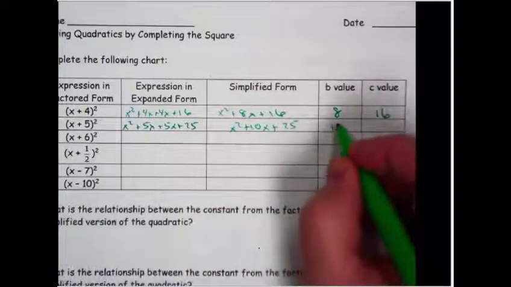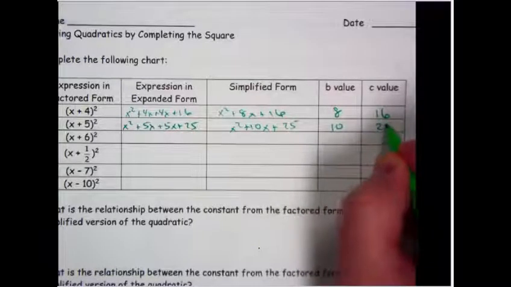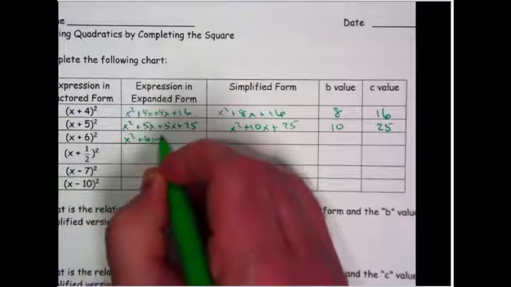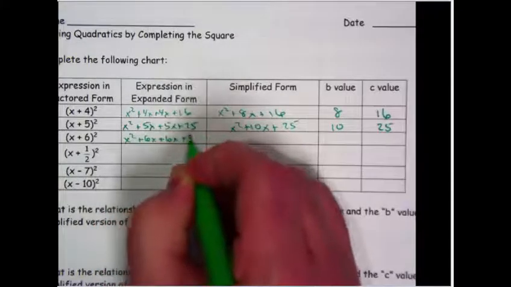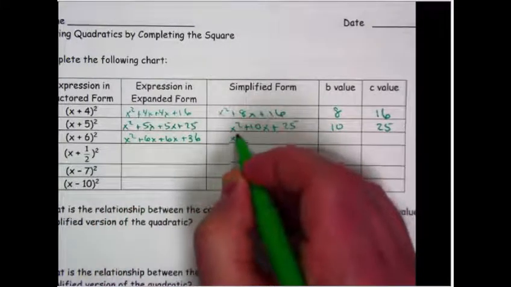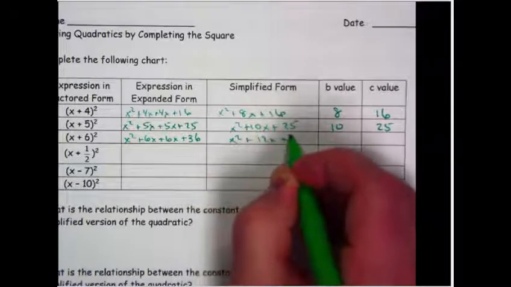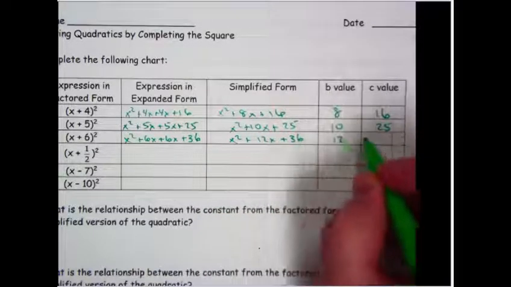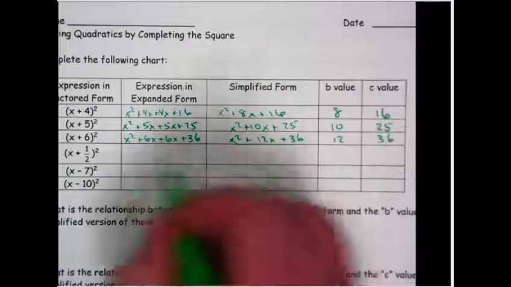The b value is 10, the c value is 25. This would be x squared plus 6x plus 6x plus 36, or x squared plus 12x plus 36. The b value is 12, the c value is 36.